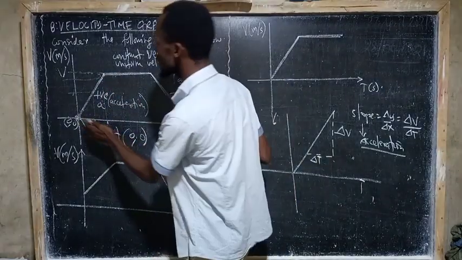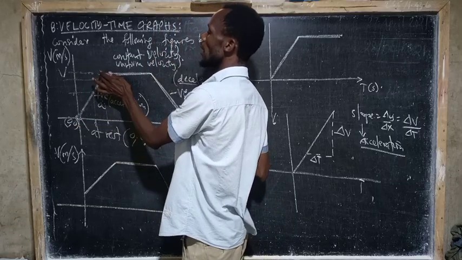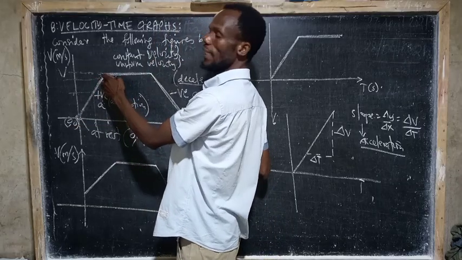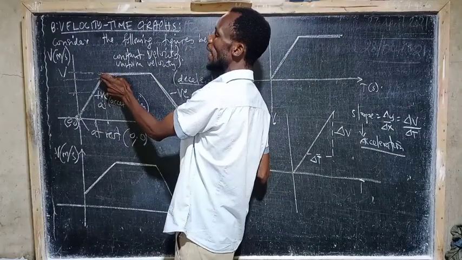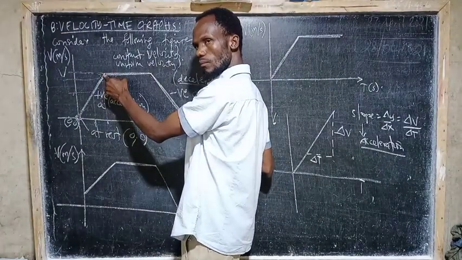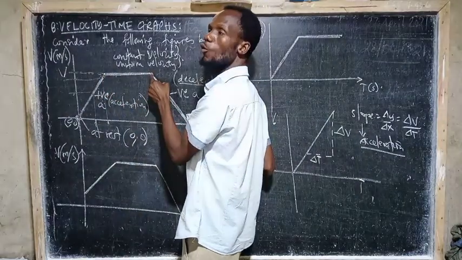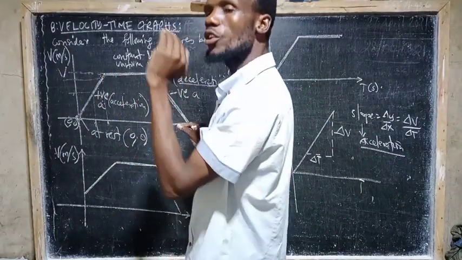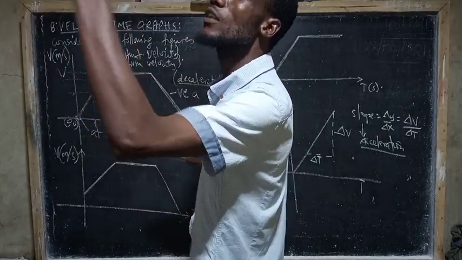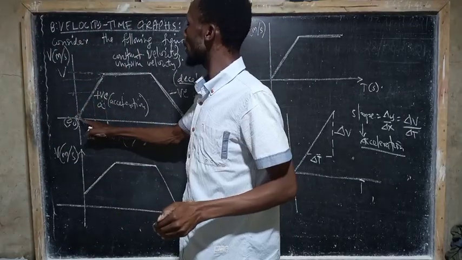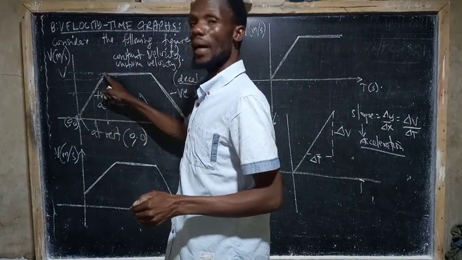Kwa maana hiyo the body starts kutoka kwenye rest ikaenda mpaka certain velocity. Then hapa inaonyesha kwamba ilipofika velocity fulani, ili maintain ile velocity. It moves with the constant velocity for a certain time. Kumbuka, even if there is no change in velocity, lakini time inazidi kuongezeka. Kwa maana hiyo, alitembea kutoka hapa kwenye origin, akaenda kwa velocity fulani mpaka hapa.